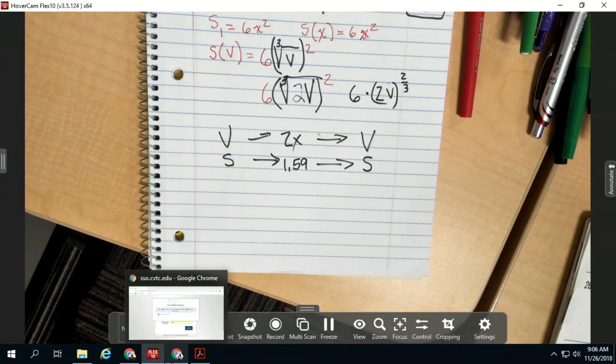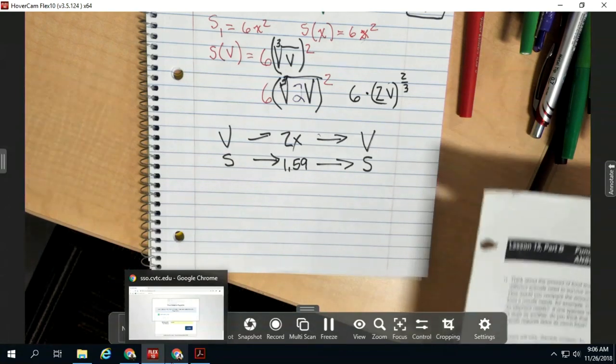How much you eat compared to how much you weigh. That would be a good comparison. If one species is twice as large as another, do you think it requires twice as much food? Well, that's what we're going to explore in today's lesson.